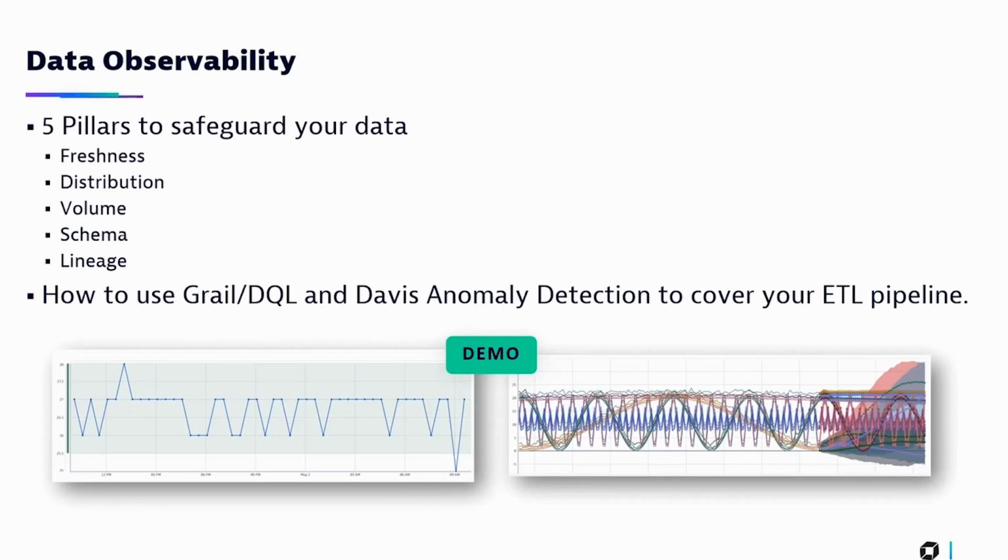So typically, Lineage is safeguarded by deploying Dynatrace agents on the individual ETL pipeline steps in order to safeguard that the hosts and those compute boxes are still up and running when you need them, right? But what I would like to show you today in a live demo is how you can use anomaly detection to cover some aspects of your ETL pipeline, like data freshness and data volume.